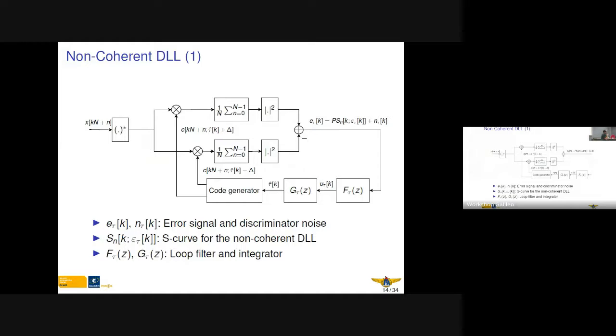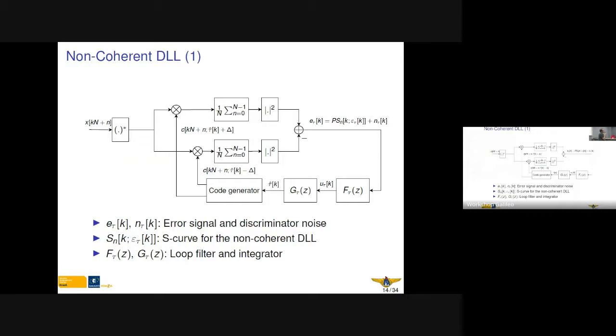You have to be aware that this is a little bit different from the other literature. I decided to stick to the conjugate here. So what we do is we conjugate the input and then we move on with the processing here.